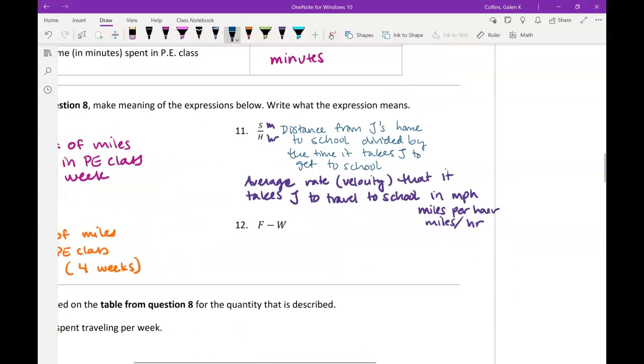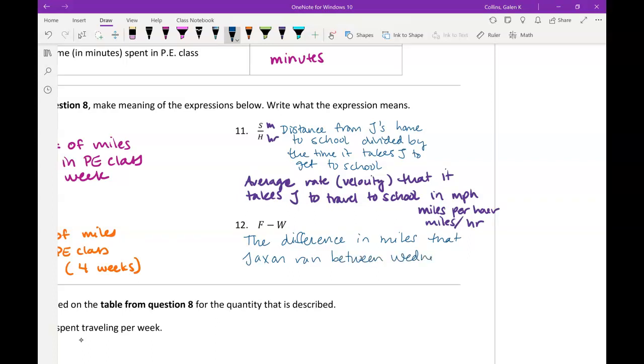So we would read this as the difference in miles that Jackson ran, we might say between Wednesday and Friday.